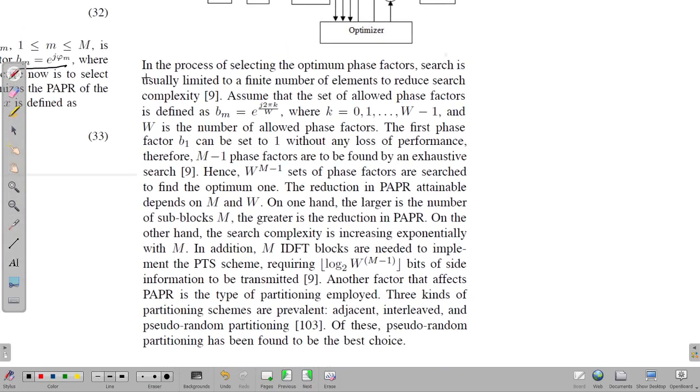So assume that the set of allowed phase factors is defined as bm, where bm is equal to e raised to j 2 pi k divided by w, where k varies from 0 to w minus 1. So you can have phase sequences, allowed phase sequences. There are w allowed phase sequences.